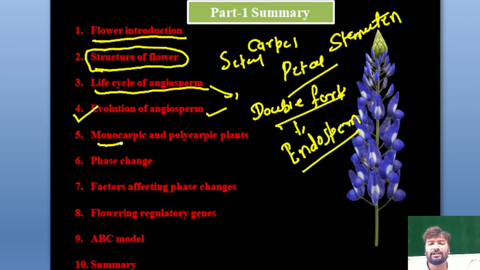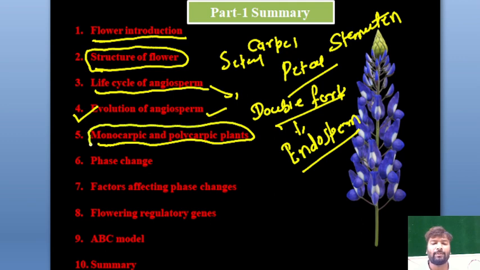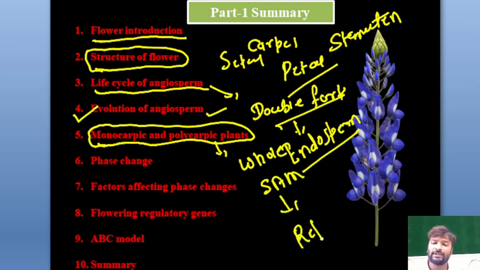Then we have discussed the monocarpic and polycarpic habits of plants, how the monocarpic plants convert their whole stem into the reproductive stem.